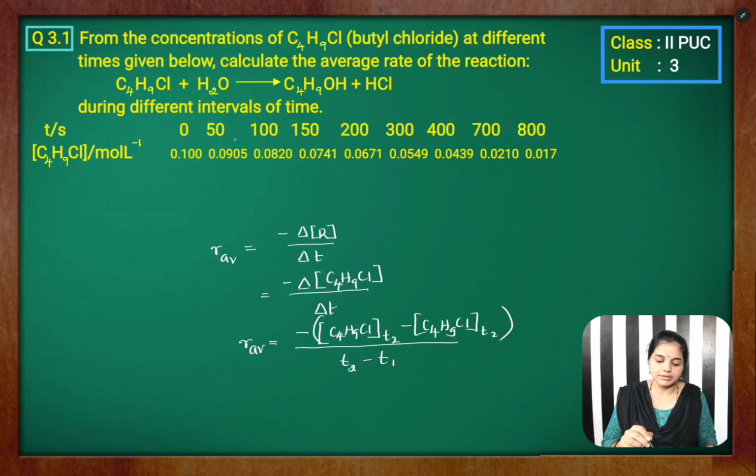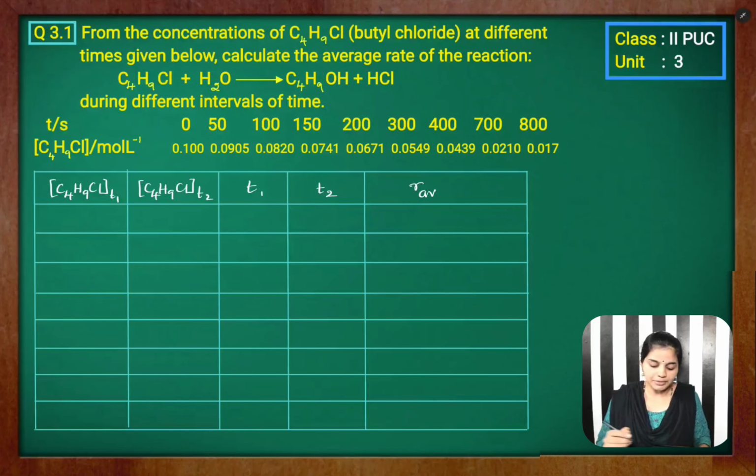From the given time as well as concentration of butyl chloride, we shall tabulate them and write the concentration at times T1 and T2 and the corresponding time interval. Using that, we will calculate the average rate. Now let us tabulate the data that's given. Time T1 is the initial time, that is 0.